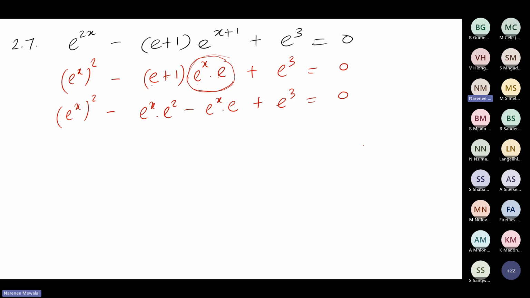And the best way to work forward from here is to do grouping. You group these 2 terms and these 2 terms here, and you'll find that you're going to end up with a common factor. So I'm going to give you a clue here. You can use grouping, and then you will solve each equation on its own. And I'm just going to give you your final answer here.